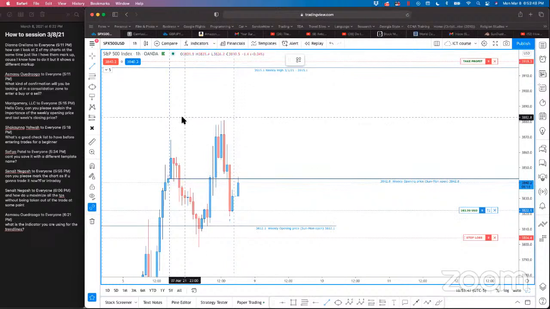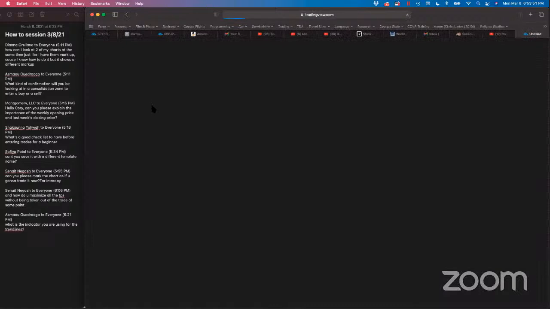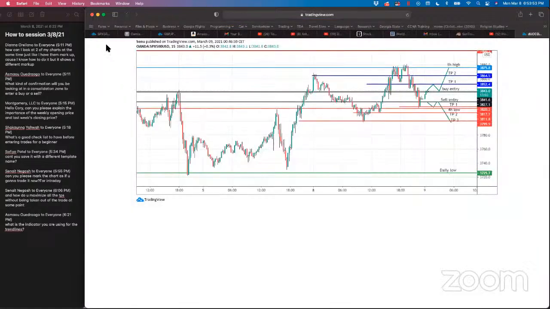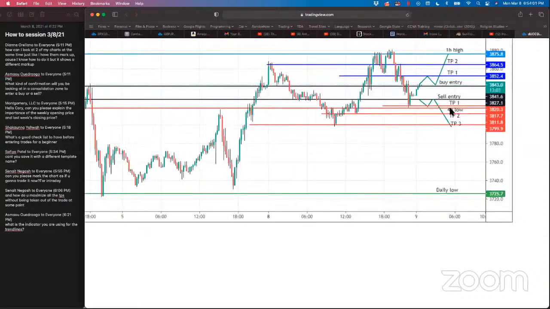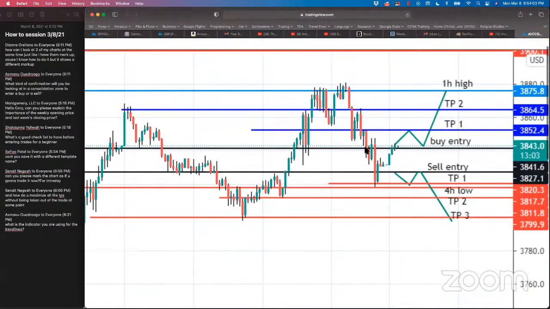Okay, so let me see. Can I look at these for SPX? Yeah, but the targets are a little wide. These targets are like 100 pips apiece.